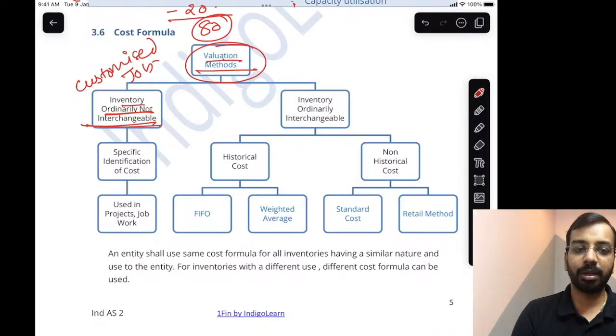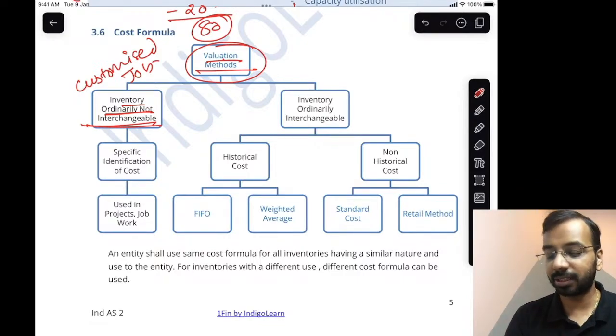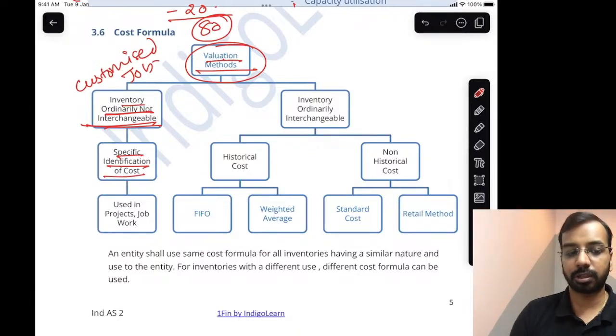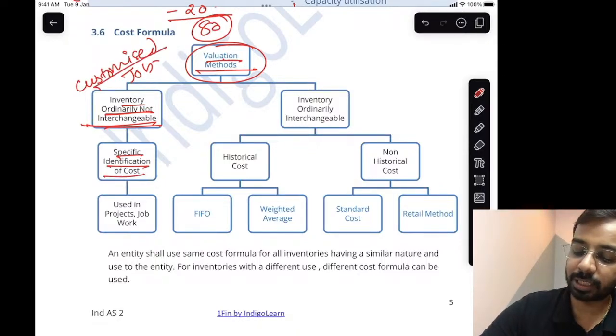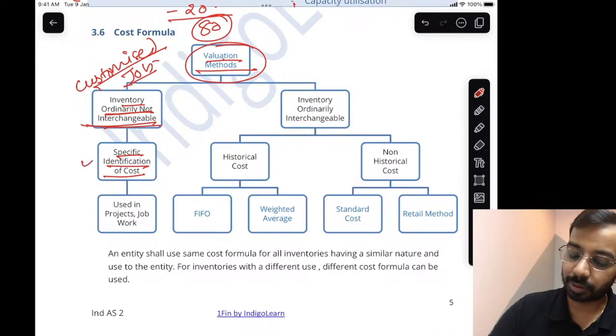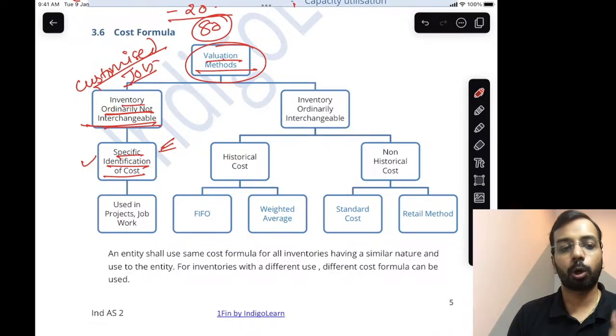If someone has given me an order for a furniture, their furniture I cannot exchange with the other furnitures, right? So here you have to do the specific identification of cost, meaning to say for the customized work, for the job work, whatever cost is being incurred, that is what you have to consider in the calculation of the cost of inventory.